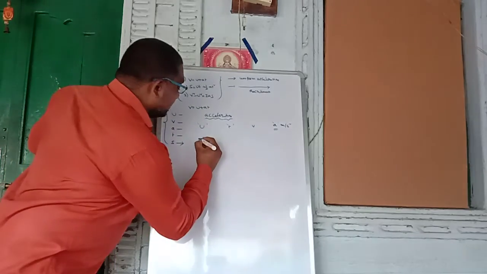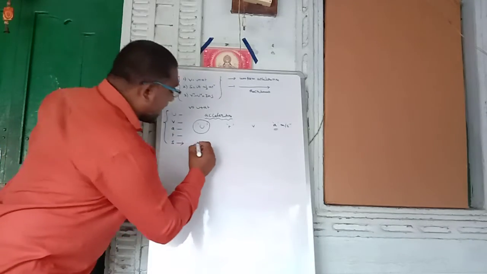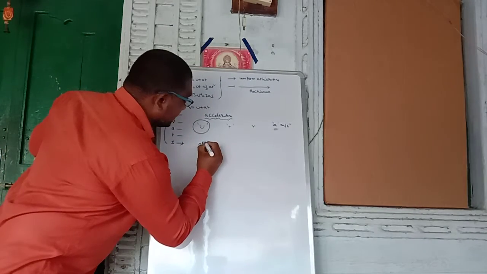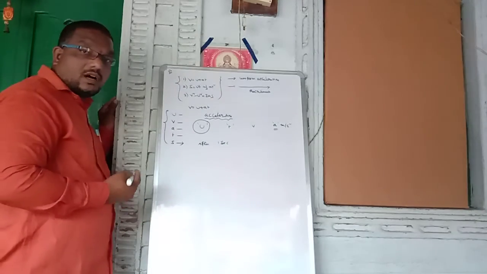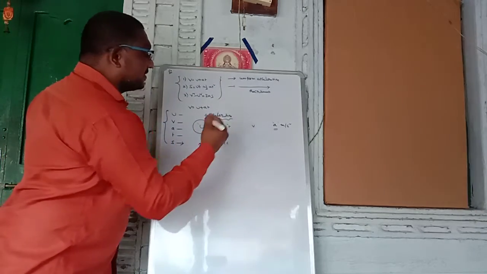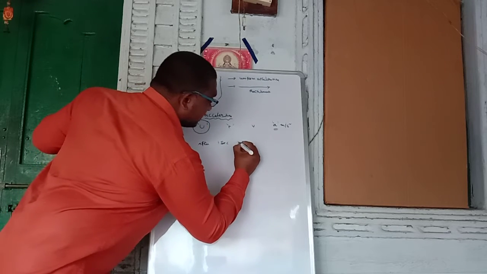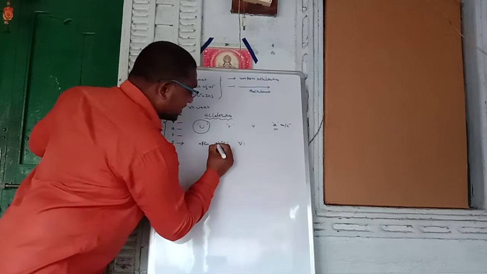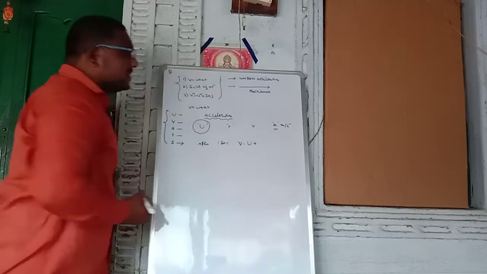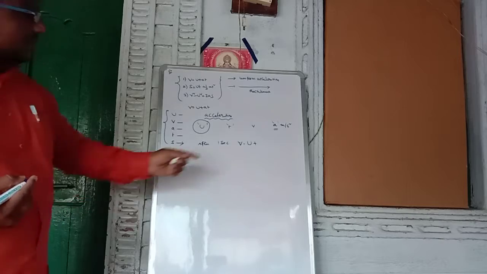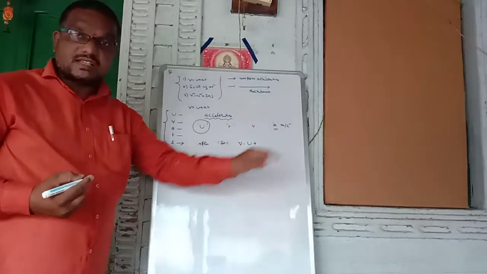So here the body starts with u velocity, initial velocity. After 1 second time interval, the final velocity of your body is u, initial velocity, plus how much velocity is increasing? Here the increasing velocity is a meter per second.